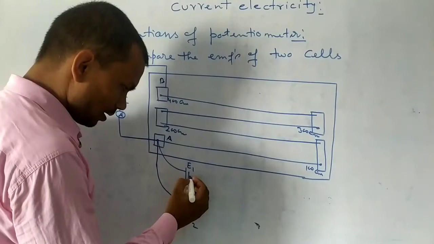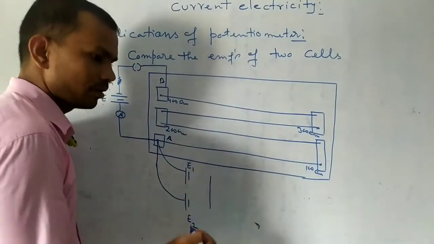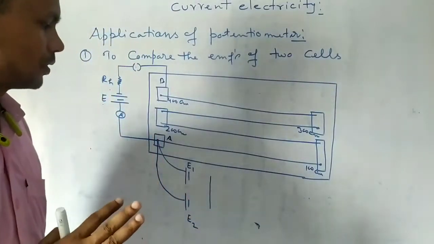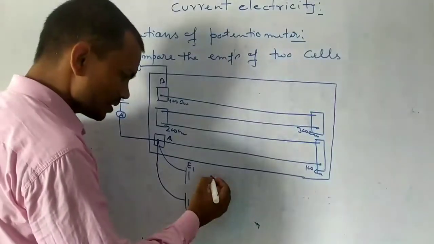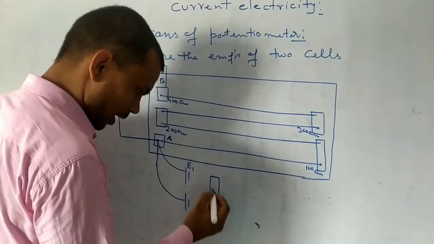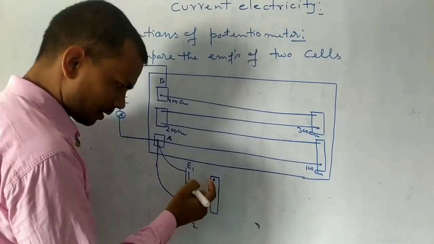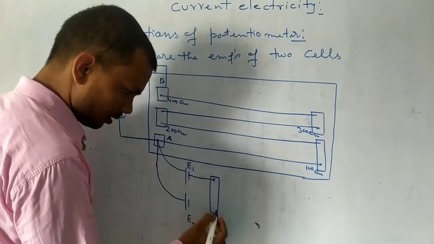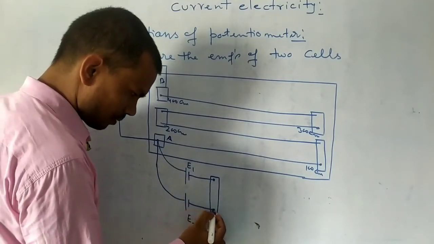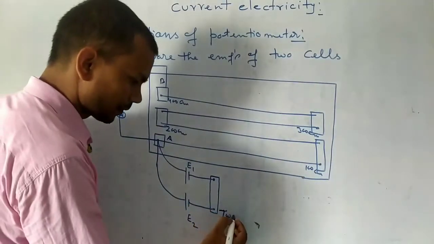Then here we are using a two-way key. In Ohm's law we generally use a one-way key, but here we are using a two-way key. A two-way key has a total of 5 knobs. This is one, and with the help of this it is connected to the negative terminal, and this is another, and the negative terminal of this is connected to this.